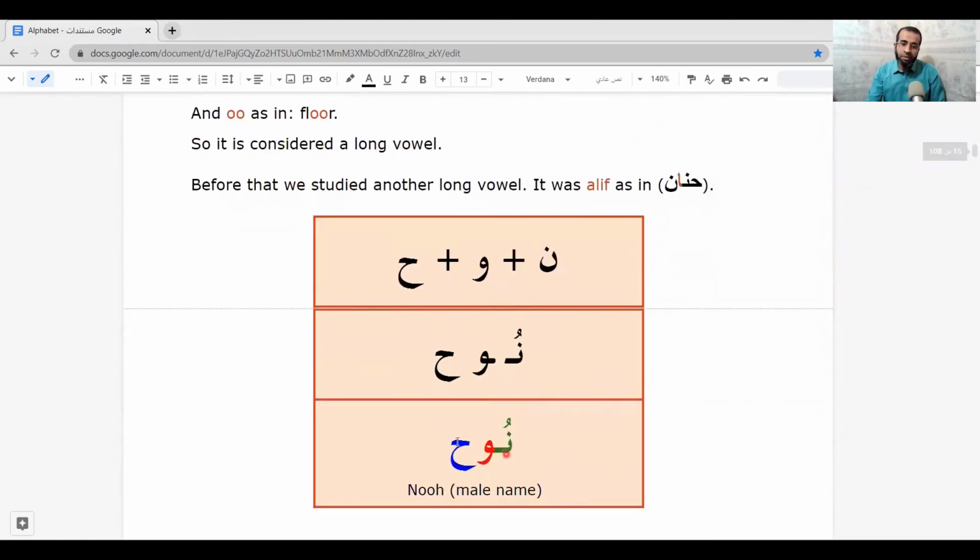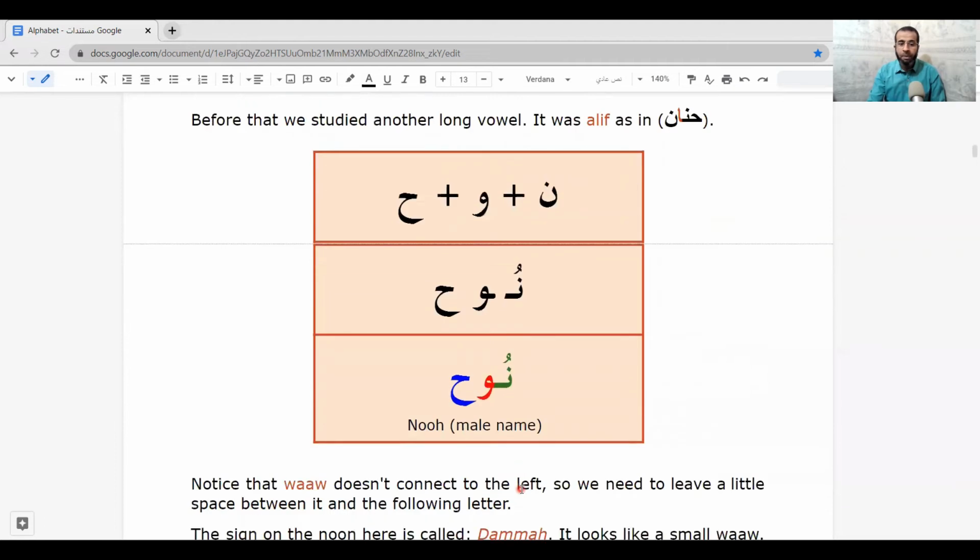Can you read this word? It has three letters. Noon, Waw, Ha, N, W, Ha. We say Nuh. This is a male name.